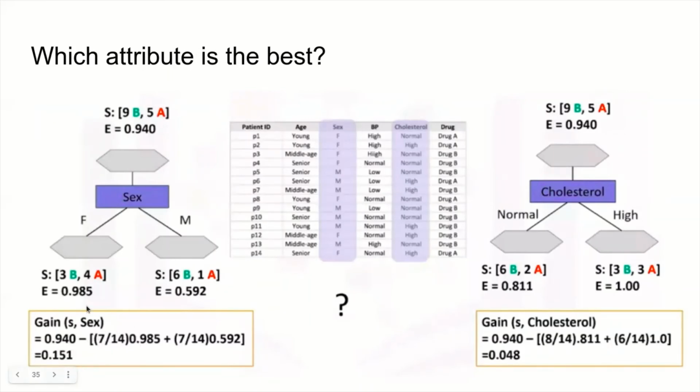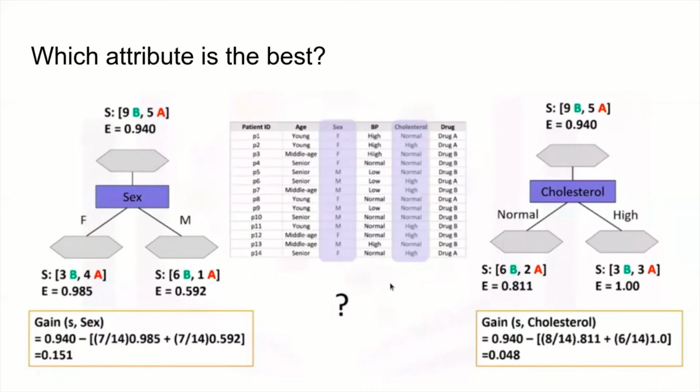This is, remember, the entropy of splitting with all the patients with female sex. The criteria for making the weighted average is the number of observations. Notice that for sex, when female, we've got 7 females, and in total we've got 14.